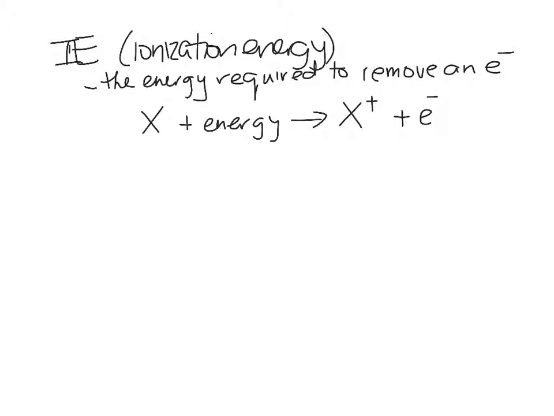So if X is some element, it's the energy that you need to pull off an electron from the atom. So you form an ion.